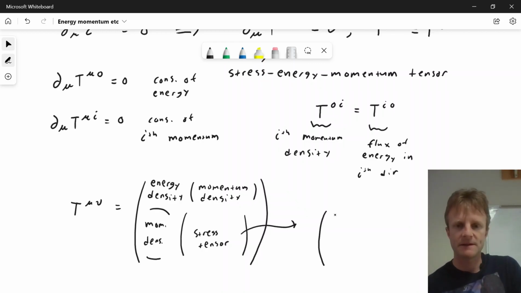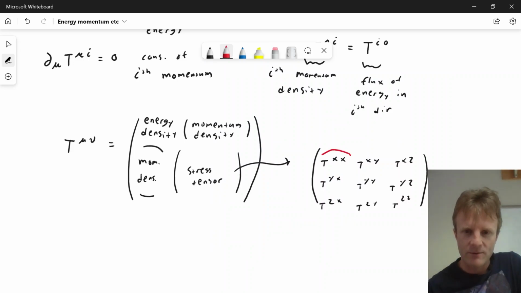And so let's think about the stress tensor like this. Let's think about what this term is, Txx. The second component is x, so it has something to do with x momentum. And the first component is x, so it's like the x current of x momentum.